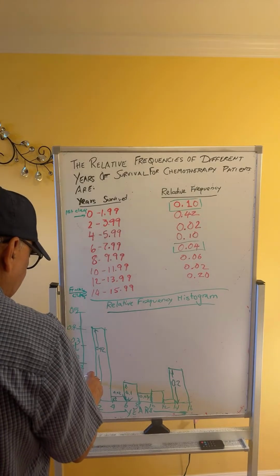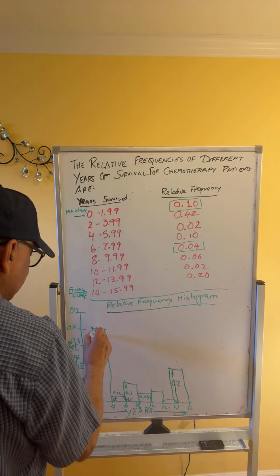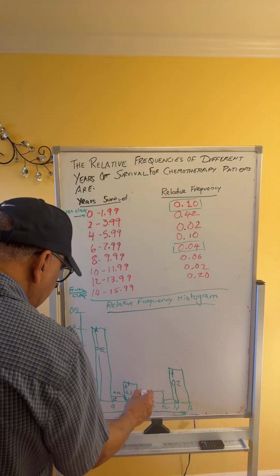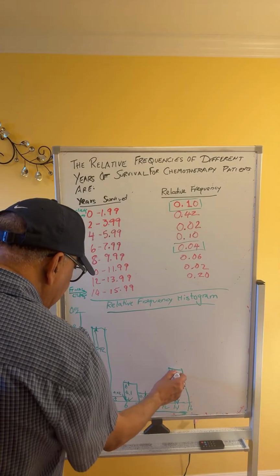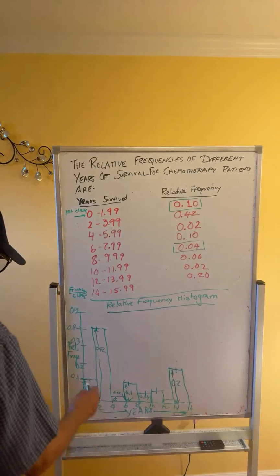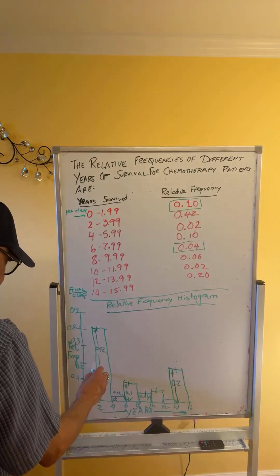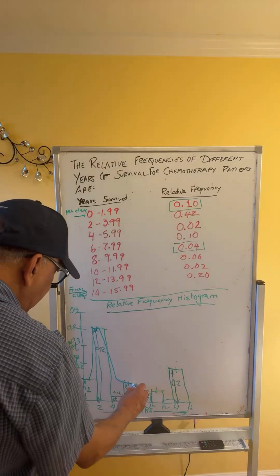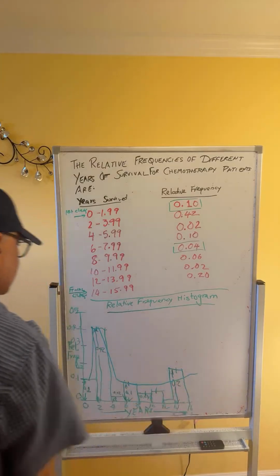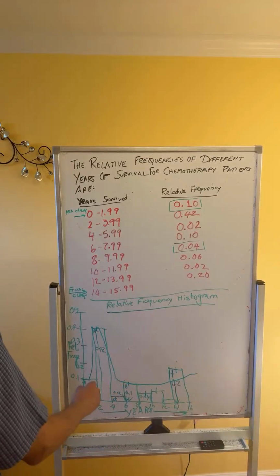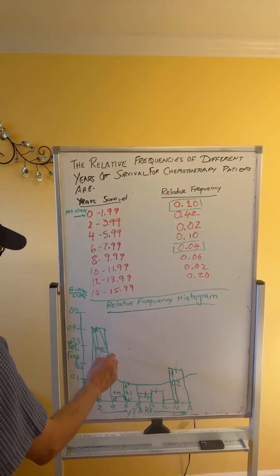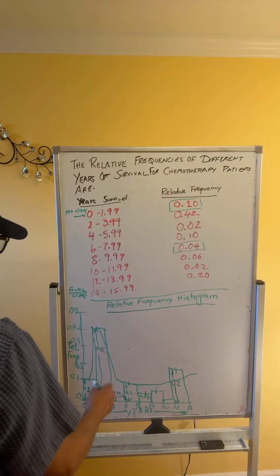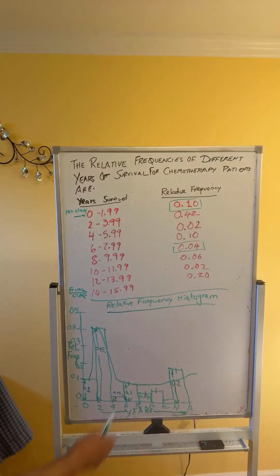Now we can join the middle of the roofs of the bars, trying to make a smooth curve, which may not be possible, but we will try our best. This curve is obtained by joining the middle of the roof of each vertical bar. We missed some of them, but it is supposed to be a smooth curve.